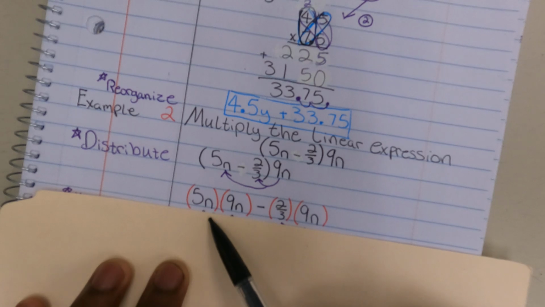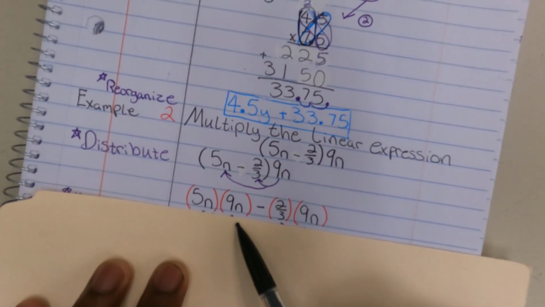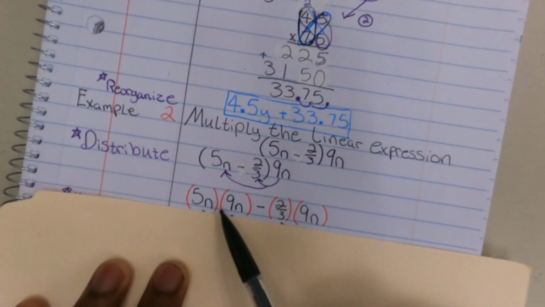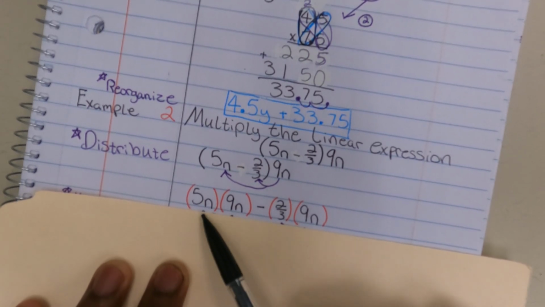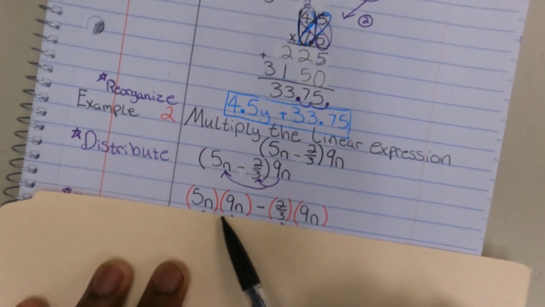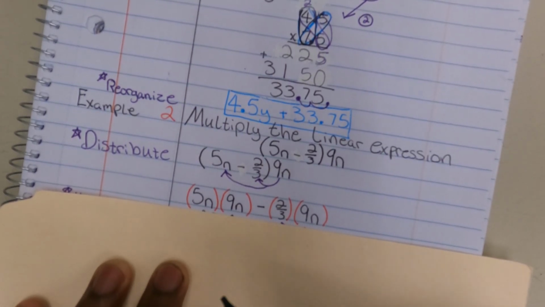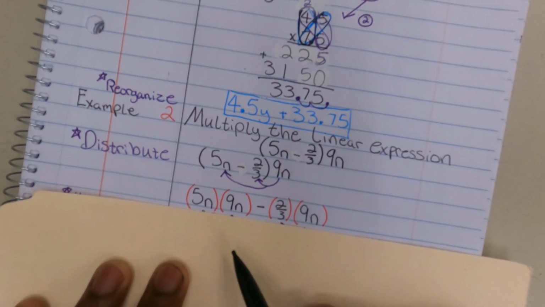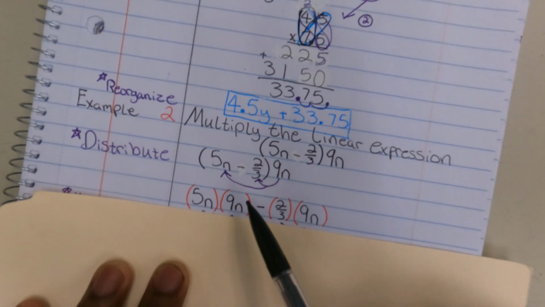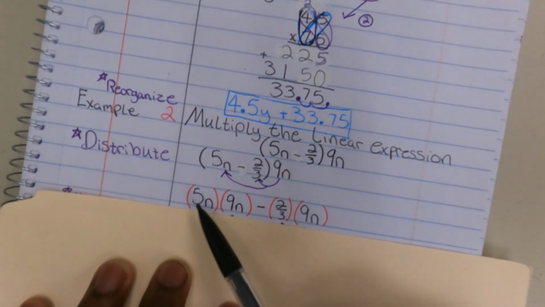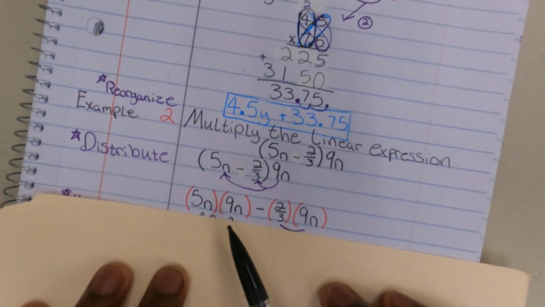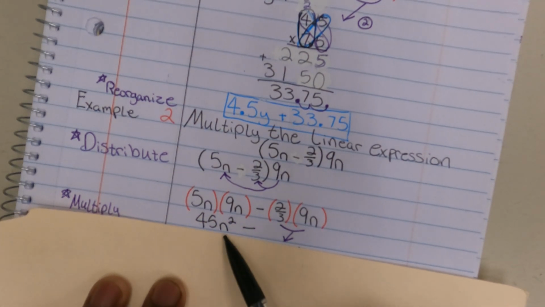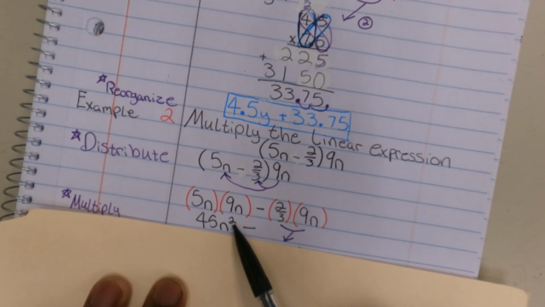So first things first, if you're multiplying variables with coefficients or just variables, and they have the same type of variable or letter, your letter slash variable is now going to be squared, because n times n, we know it's going to be 2 pairs, so it's now going to be n to the 2nd power. So what's 9 times 5? That should give us 45.